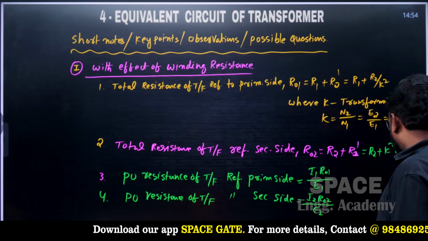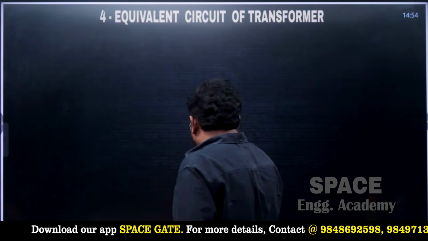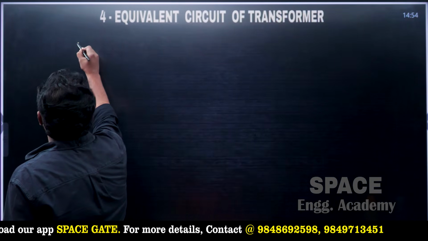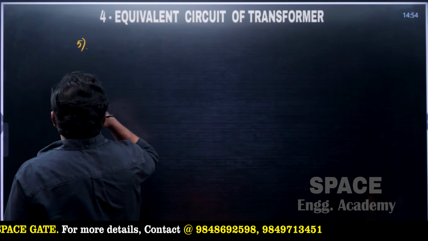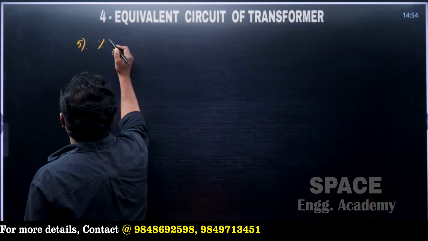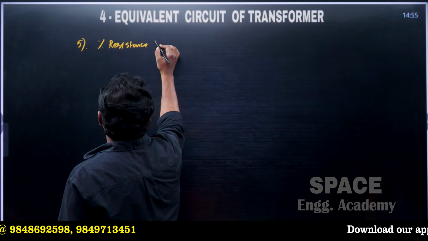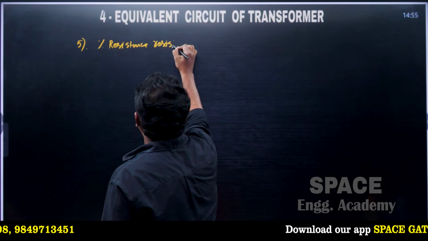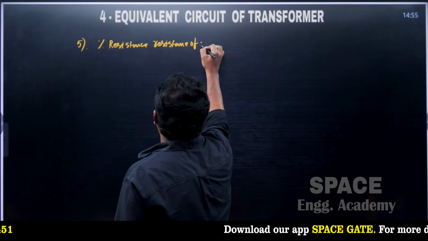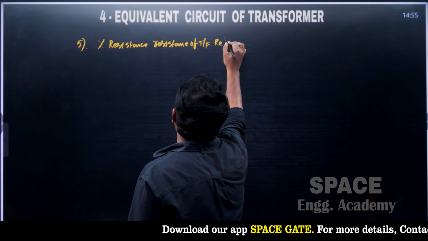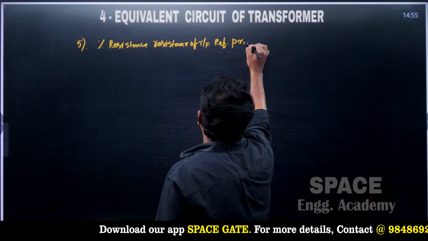And the fifth one is percentage resistance. Sometimes a percentage resistance of the transformer referred to the primary side.